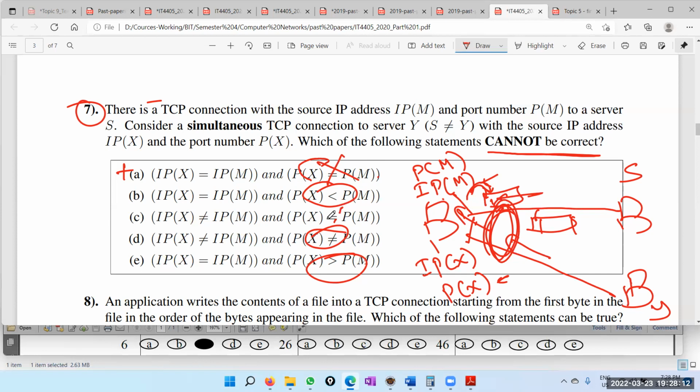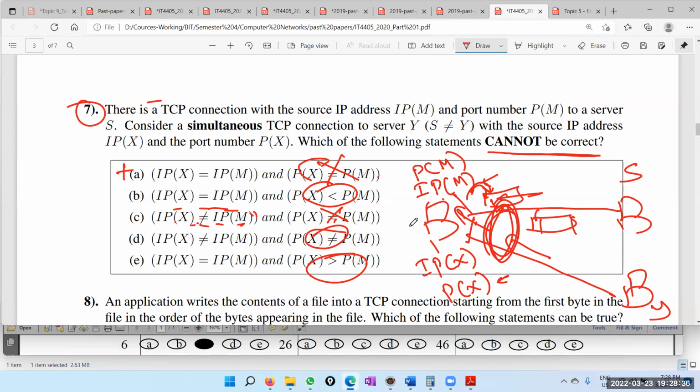In case the port numbers are the same, at least your IP number has to be different, so that again there's uniqueness. That means you are representing your connection through a different connectivity or interface.